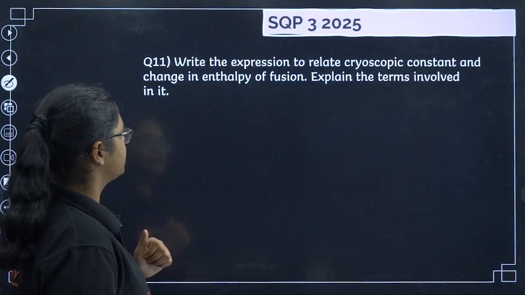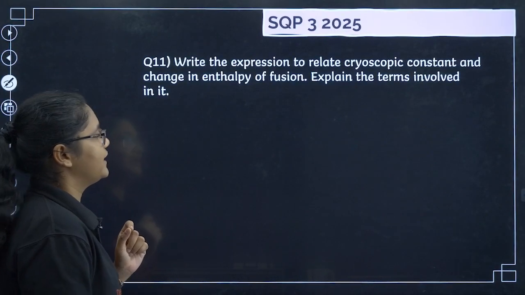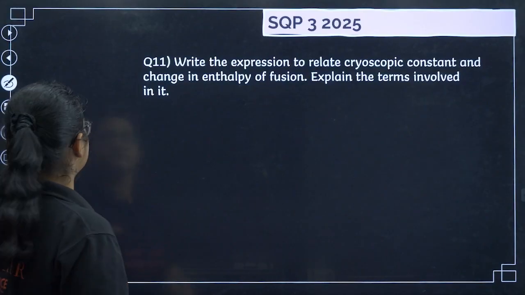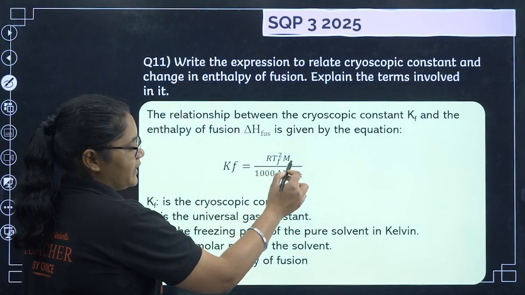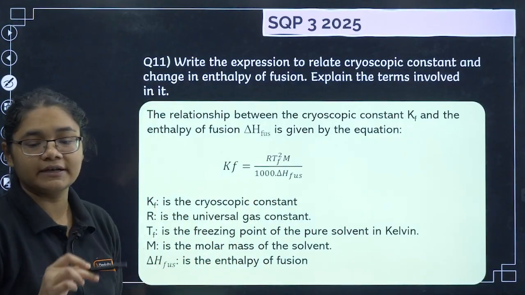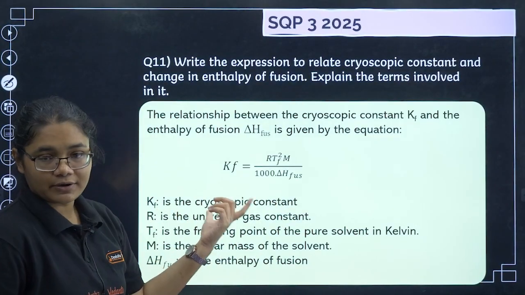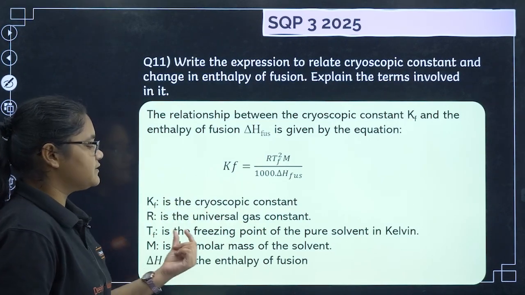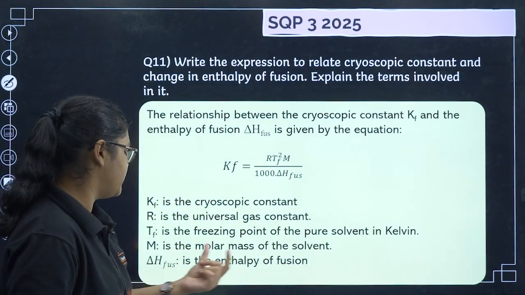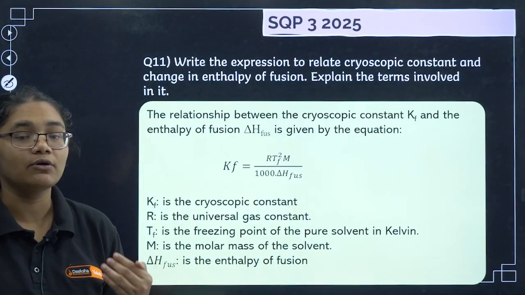Eleventh question, write the expression to relate the cryoscopic constant and the change in enthalpy of fusion. Explain the terms involved in it. So Kf = R Tf² M / (1000 × delta H fusion), and here Kf is your cryoscopic constant, R is the universal gas constant, Tf is the freezing point of the pure solvent, M is the molar mass of the solvent, and delta H is the enthalpy of fusion.